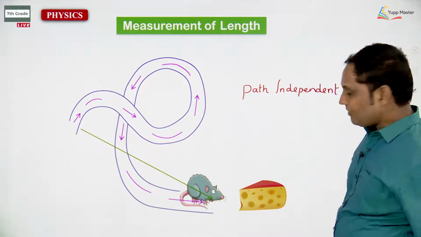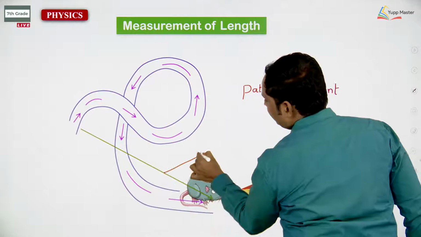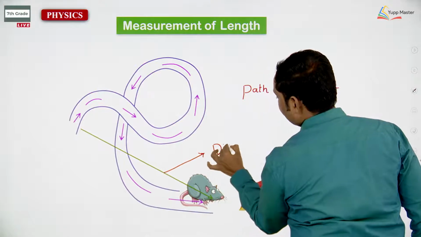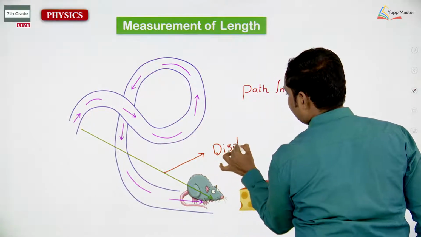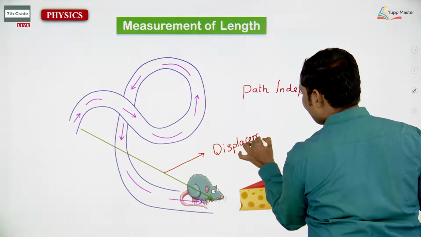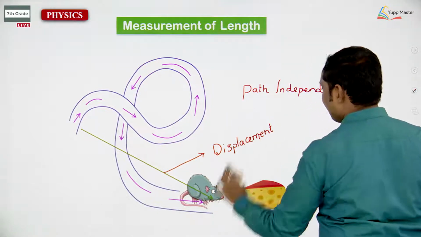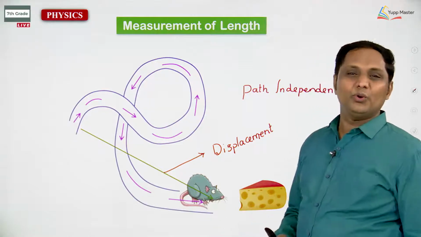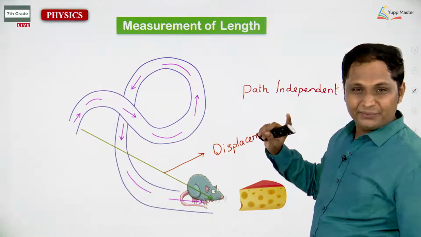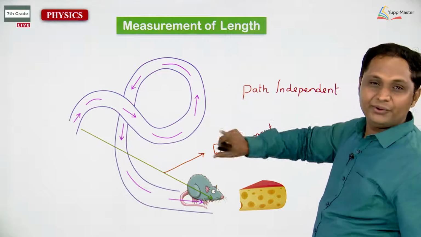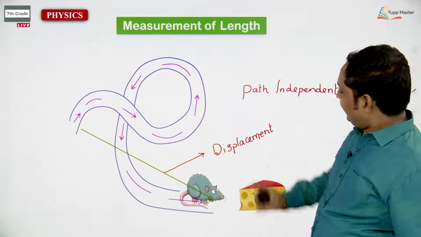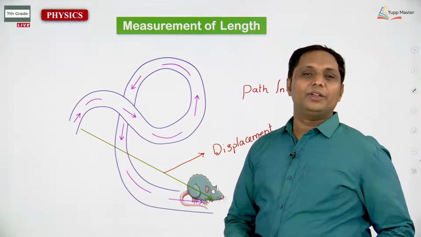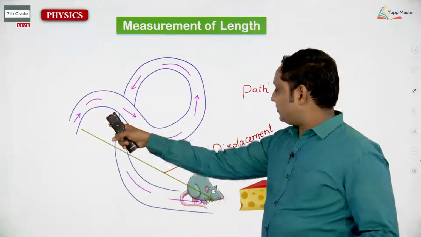So you can take this as the displacement. Now it is very clear, you are going to know about this displacement and the distance covered. The direction is also very important. In what direction does it reach?